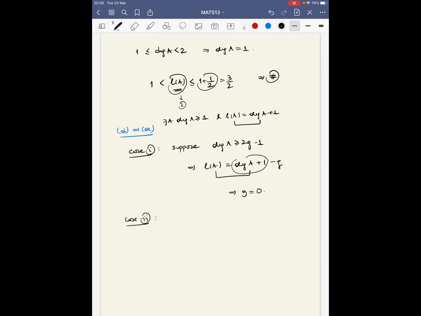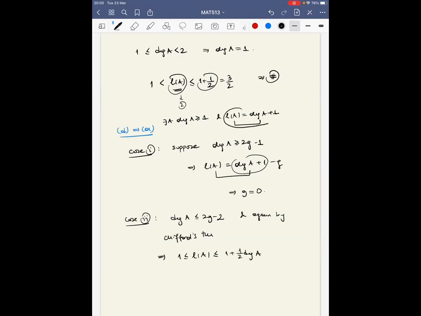And in the second case, if we suppose that the degree is not large enough, again by Clifford's theorem, we can see that its dimension varies between 1 and 1 plus half of the degree.